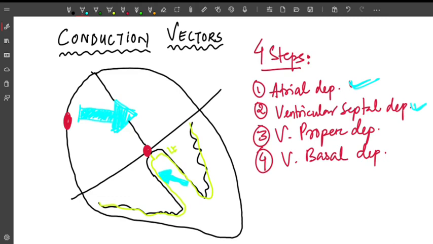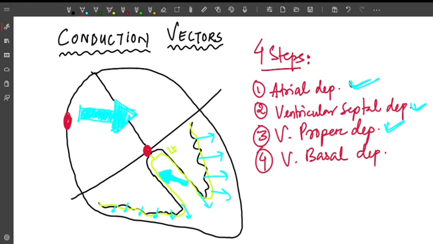Then ventricular proper depolarization is the rest of the ventricular musculature, in which, through the Purkinje fibers, it will be spreading to the ventricular muscle, okay, right and left ventricle. So here you can see again the left ventricle has more musculature than the right ventricle.